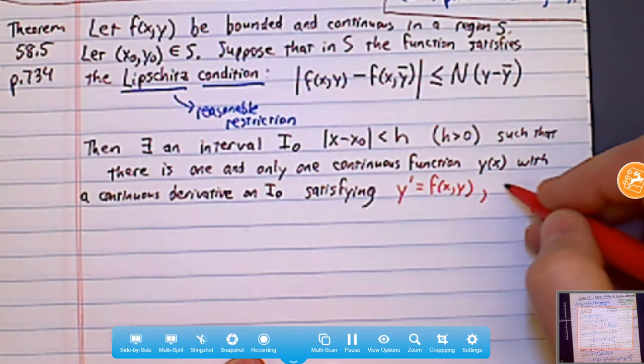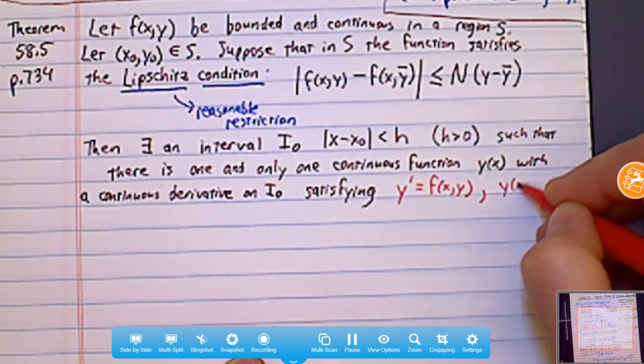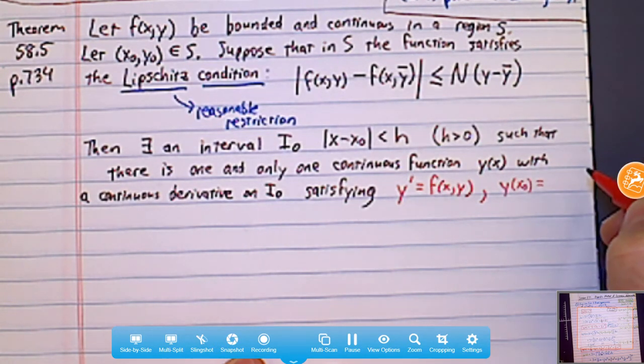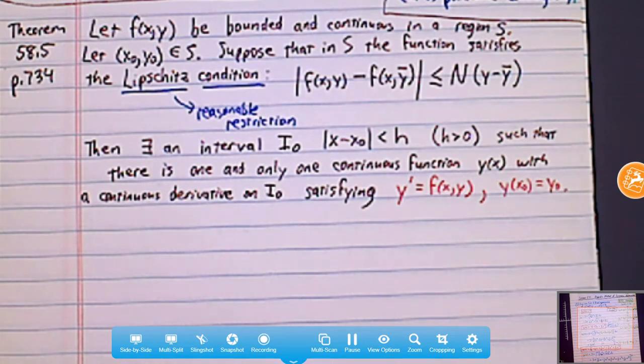I'm going to write y of x naught is equal to what? 0. Yeah, you could. I'm going to write y naught because I figure why not? Because then it's more general. But a lot of times it's 0 in these problems, and then those are easier. Okay.